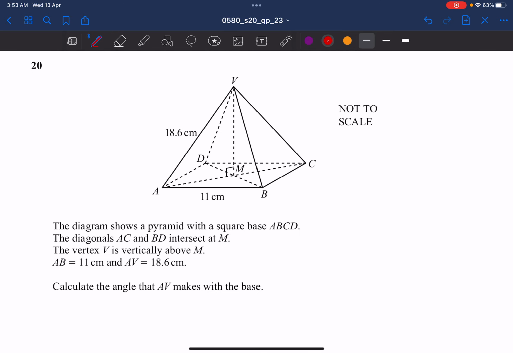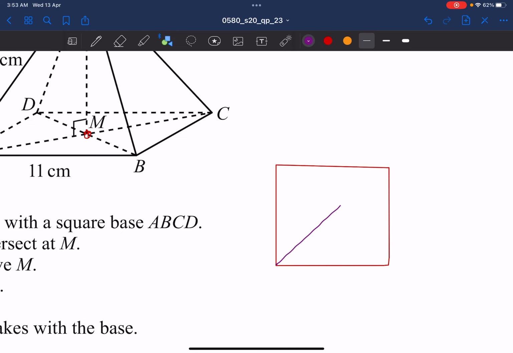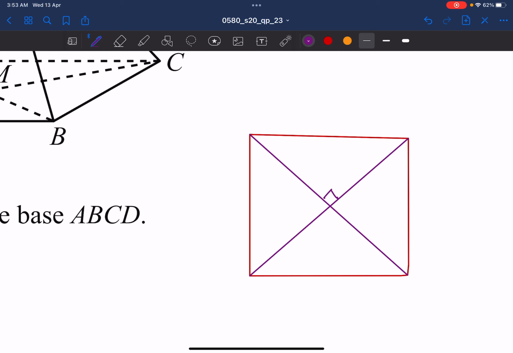20. The diagram shows a pyramid with a square base ABCD, diagonals AC and BD intersect at M. So for a square, right, you need to understand the properties of a square. For a square, the diagonals will intersect at 90 degrees, and also this point is the midpoint of the diagonal.